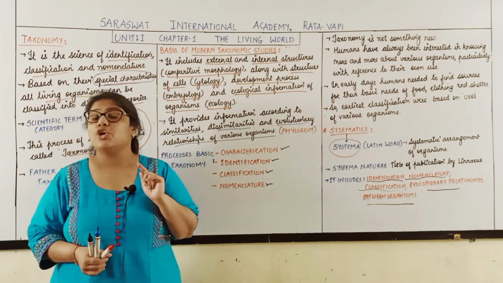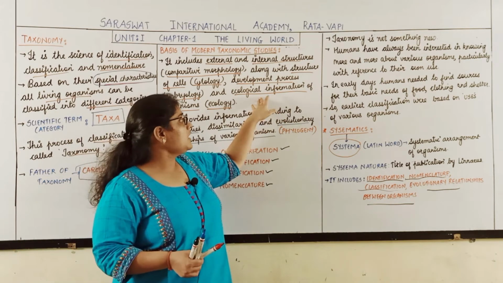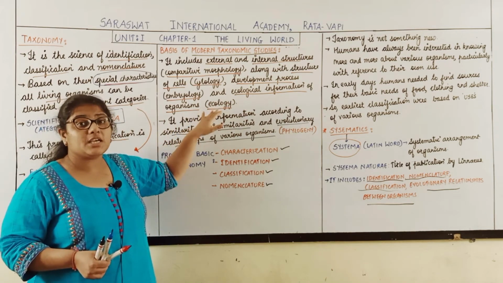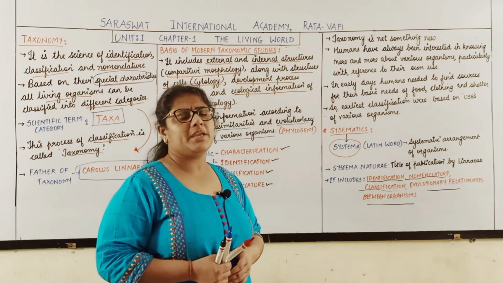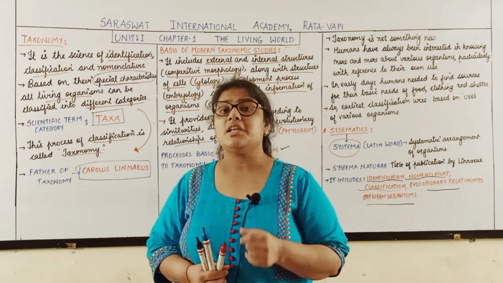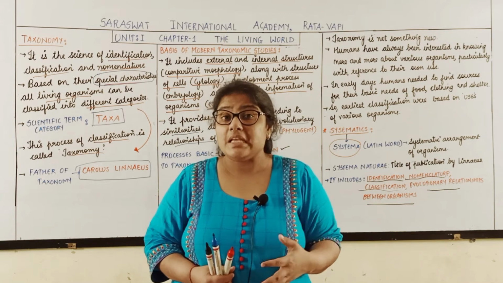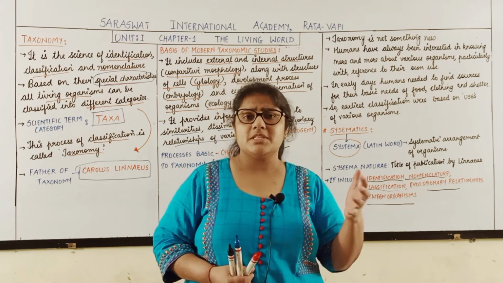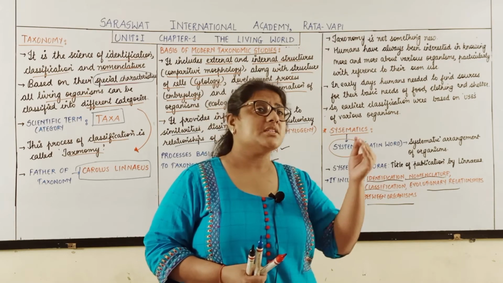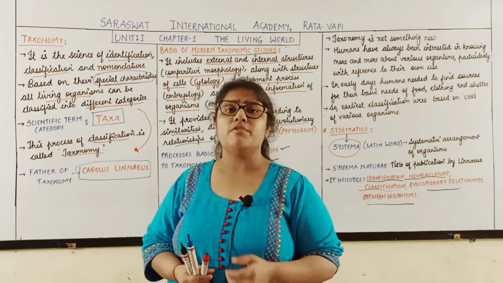And finally, it also includes ecological information of the organisms, which means ecology. Now students, what do you mean by the ecological information of organisms? It means whether the organism is a producer or a consumer. If it is a consumer, is it an herbivore, carnivore, omnivore or what?